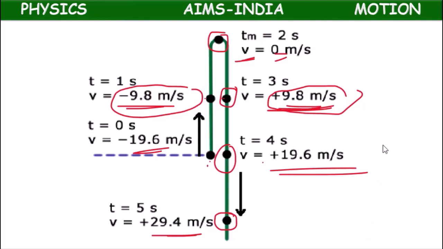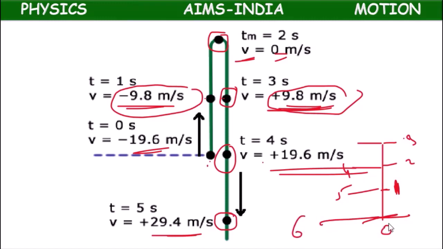Suppose this vertically projected body goes from 0 to 1 second, then 2 seconds, 3 seconds, coming down, 4 seconds, 5 seconds, 6 seconds. 0 to 1 second is the first second, and 5 to 6 seconds is the last second.